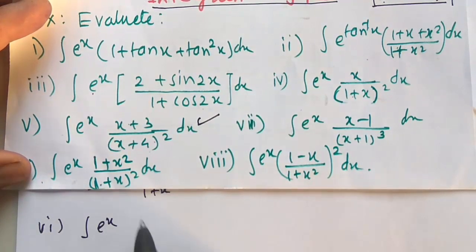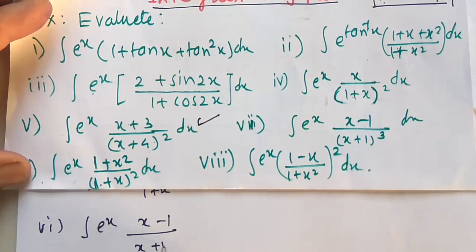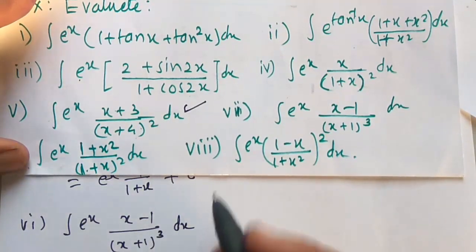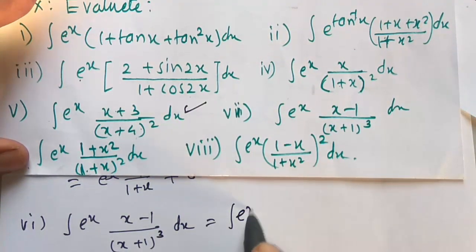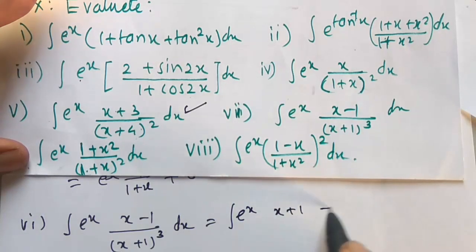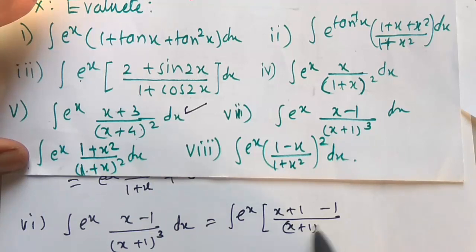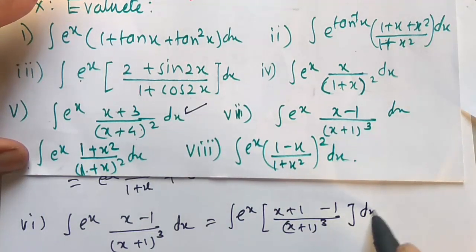Integration of e raised to x, (x minus 1) upon (x plus 1) raised to 3 dx. Here I add 1 and subtract 1. So this is equal to e raised to x, (x plus 1 minus 1) upon (x plus 1) raised to 3 dx.